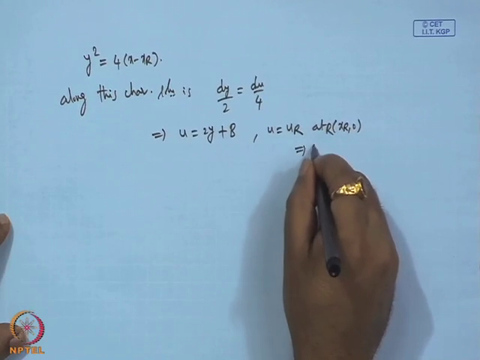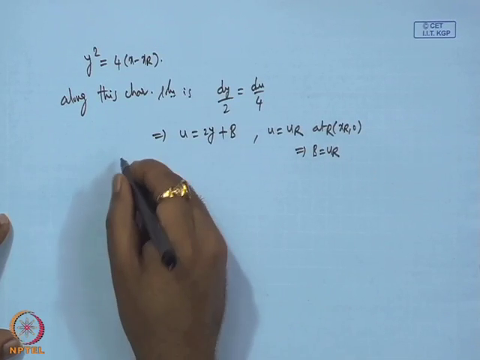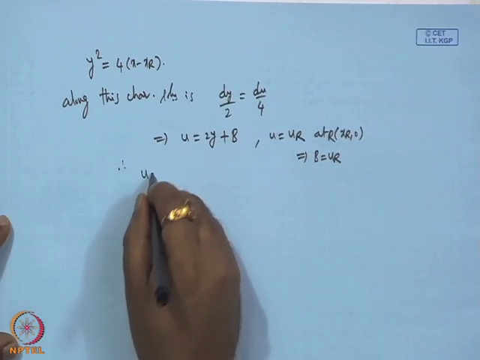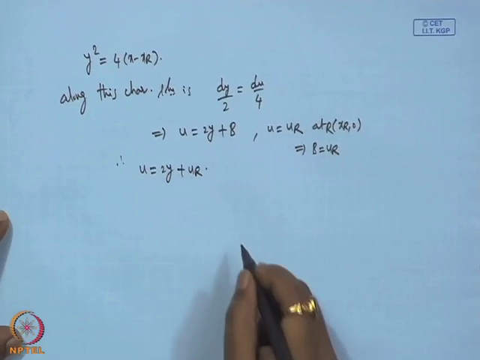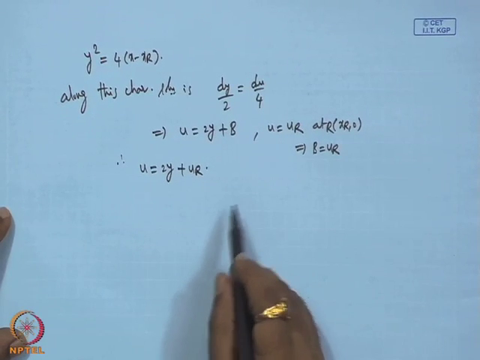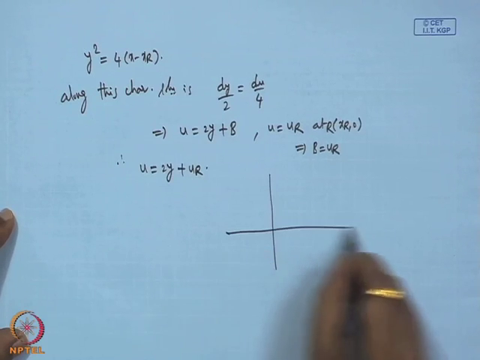So, this will give us the result. Therefore, u is 2 y plus u r, right. So, in this case the curves look like this.